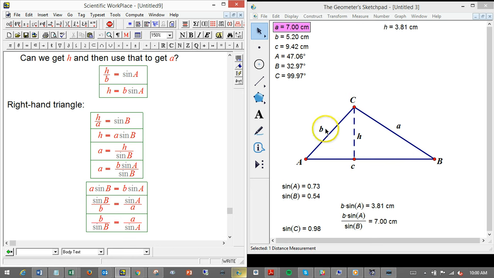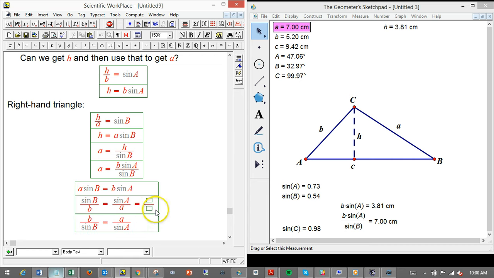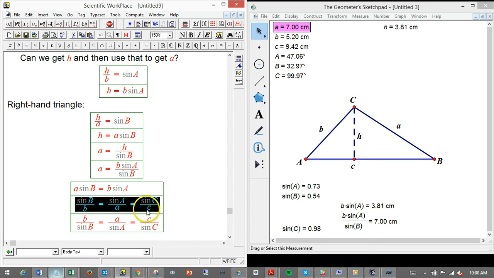I could have done the same trick with C and dropping another perpendicular, and so you get the very same situation relating A and C or B and C. That's one reason why these forms are really nice, because it's not hard to believe that if C has a totally symmetrical role here, then in fact all three of these things are going to be equal. So that's cool. It's a very pretty rule. This is probably the most common way you'd see the law of sines written out. That doesn't mean you have to use it in exactly that way, but it's probably the prettiest way.